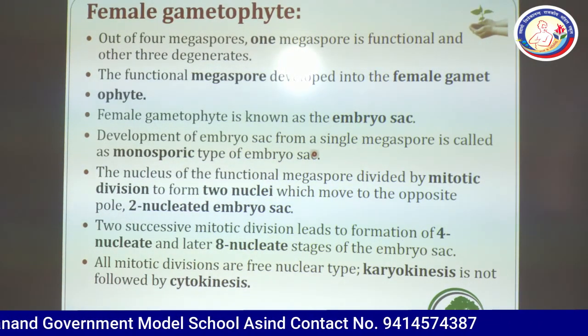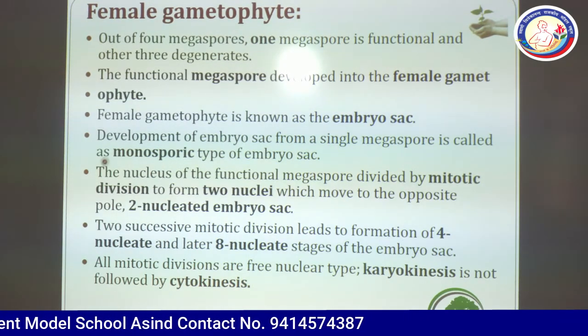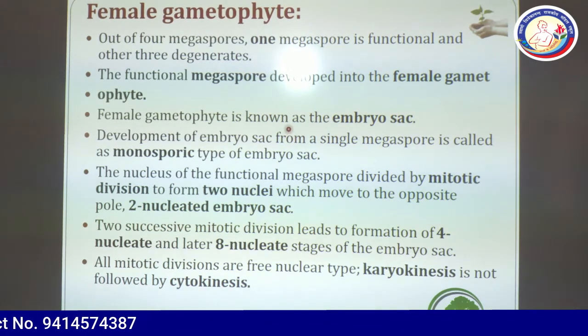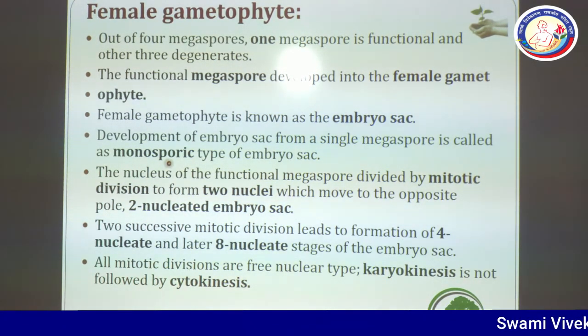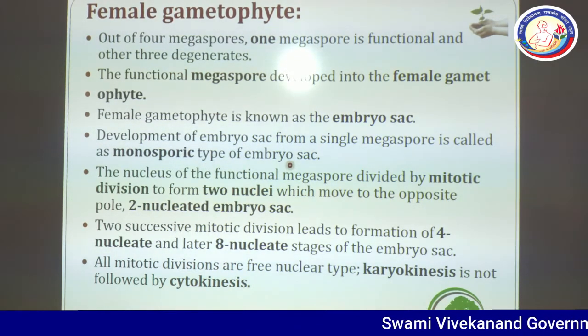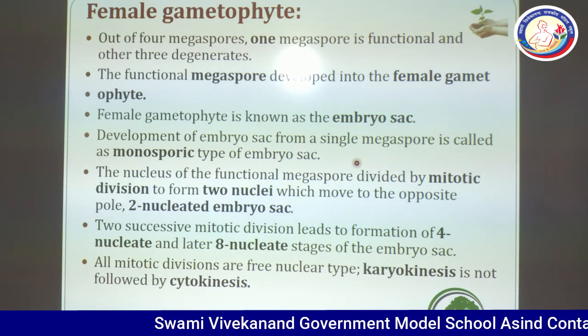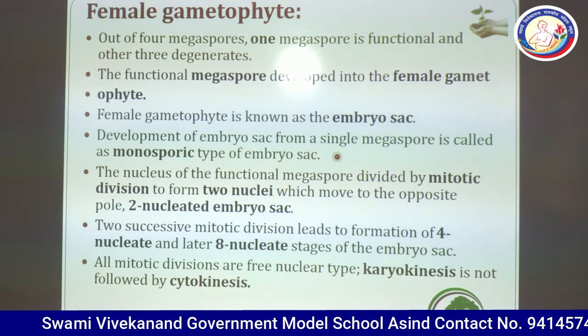Development of embryo sac from a single megaspore is called monosporic type of embryo sac. So in most of the plants, embryo sac is monosporic in nature, in which a single megaspore participates in the formation of embryo sac.